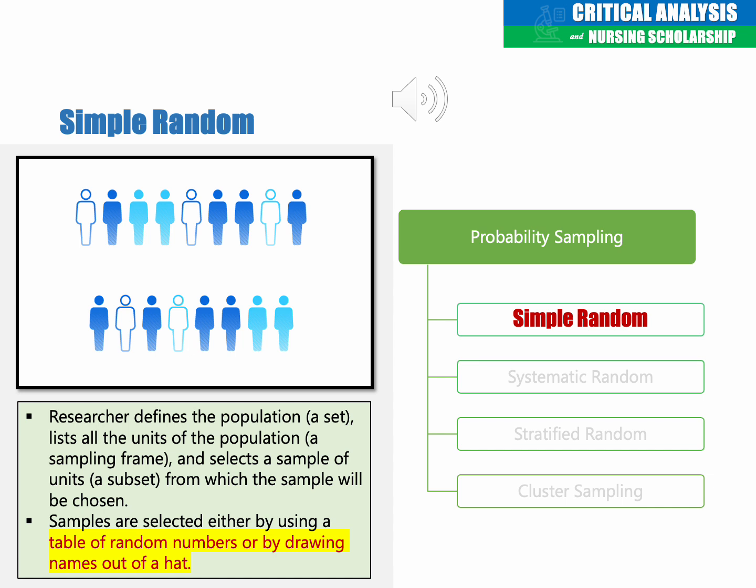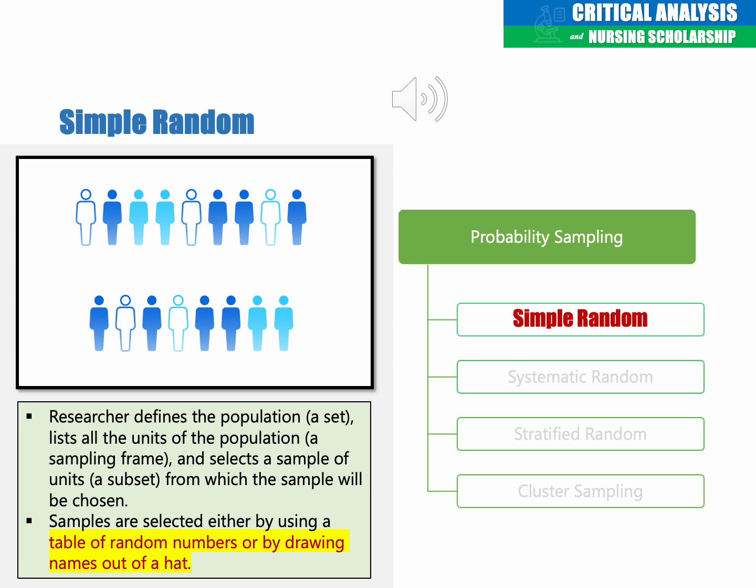And once you have a sample size, the next thing that you need to do in this type of sampling technique is to randomly select participants, just like a lottery draw or using a random number generator, or most probably a simple one by drawing names out of a hat. This is simple random sampling.